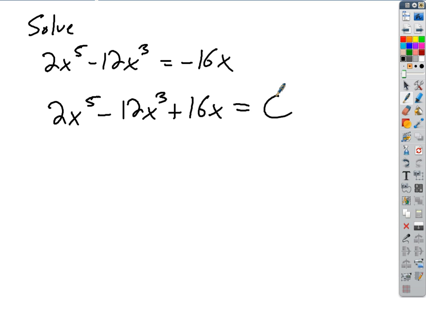So always we want to see if we can factor out a greatest common factor. Trevor, what did you see there? 2x. I can pull a 2x out of each term. 2 divides into each of those coefficients, and then I can take an x out of each term also. So we'll pull out that 2x, leaving us with what?